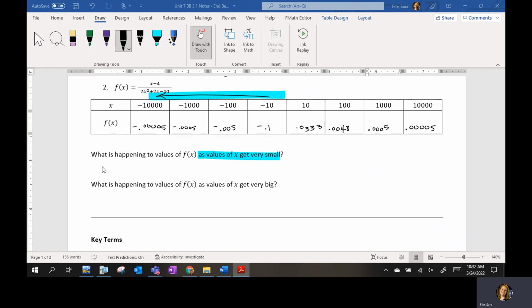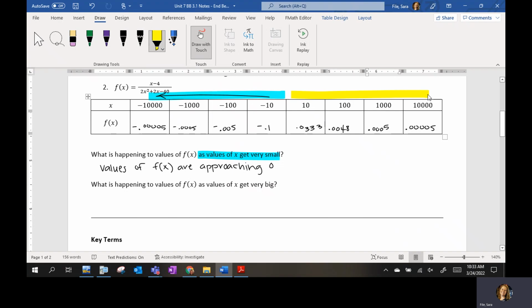Okay, so I'm going to write that. I'm going to say the values of f of x are approaching 0. Okay, now what about as x gets bigger?